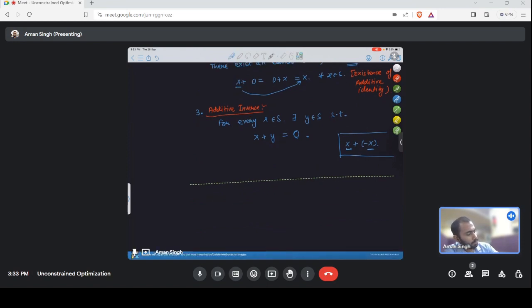Now we come to the fourth property. This I call scalar multiplication.